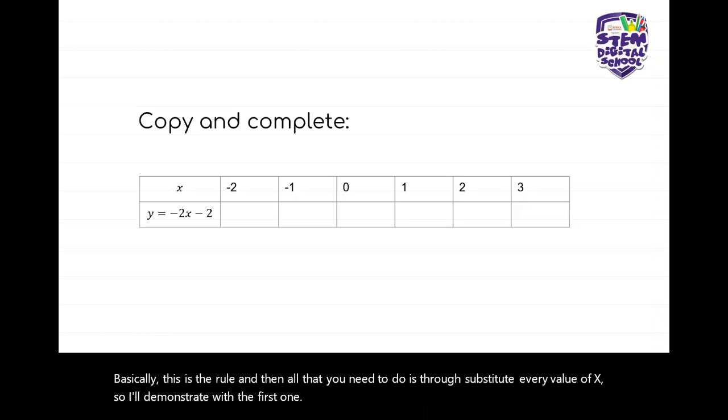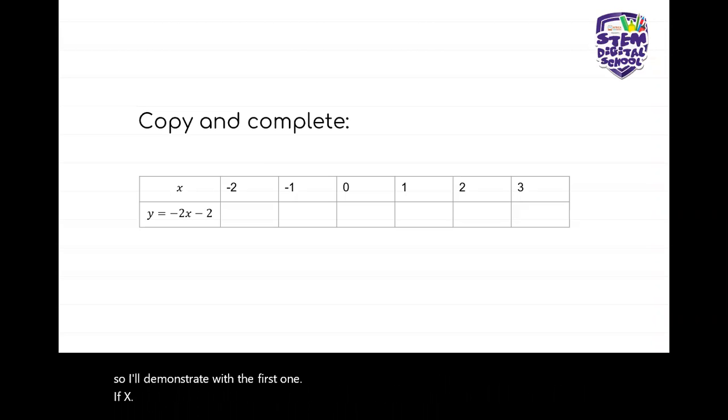If x is equal to -2, then y is going to be equal to -2 into -2, and then you close your bracket, and of course you subtract the 2.